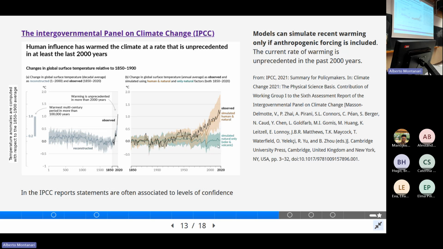And in light green, you see the same simulation without the human emissions of CO2. The light brown is with human emissions of CO2, and the light green is without. So we see that the only way to reproduce what has been observed is by including the CO2 emissions by humans in the model simulation.